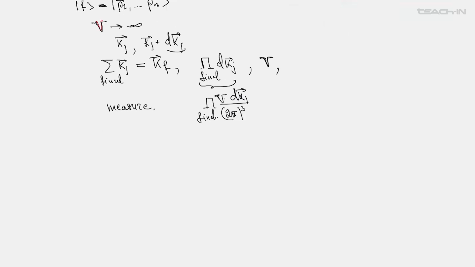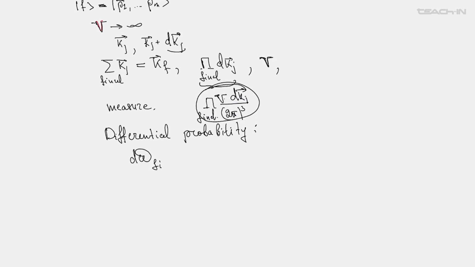Differential because it will now depend on these differentials dKj. Differential probability is a quantity which is defined in the following way. It is denoted by d omega fi, and this is 2 pi to the power 4 delta function of K final minus K initial, times the scattering amplitude modulus squared.